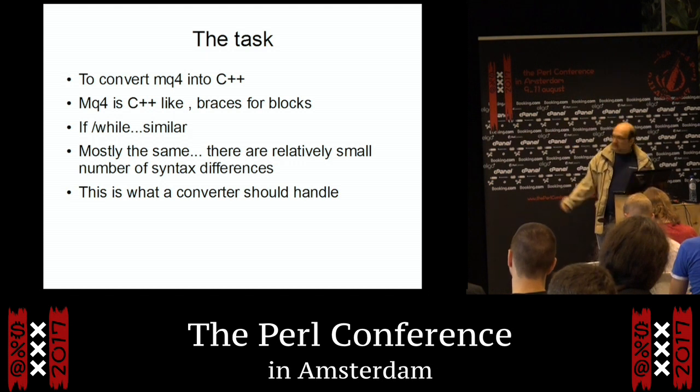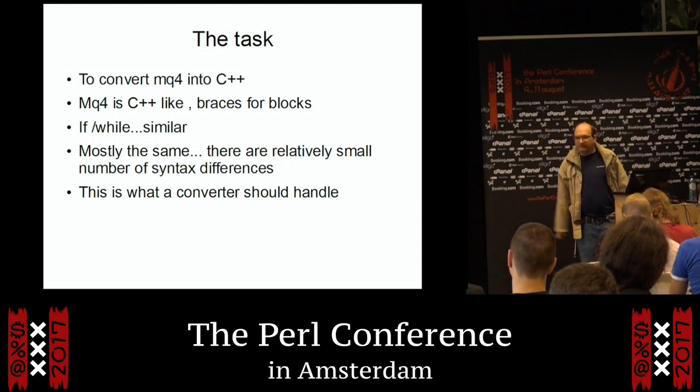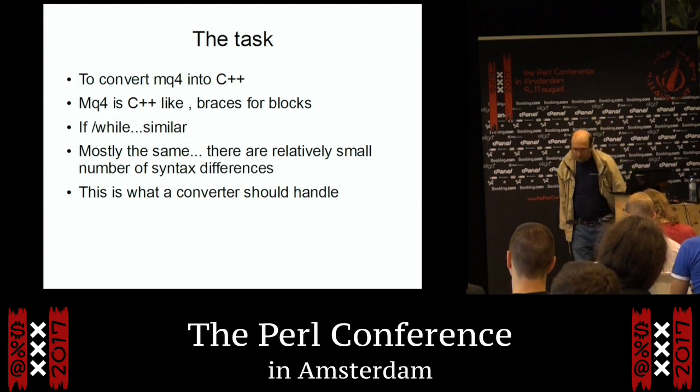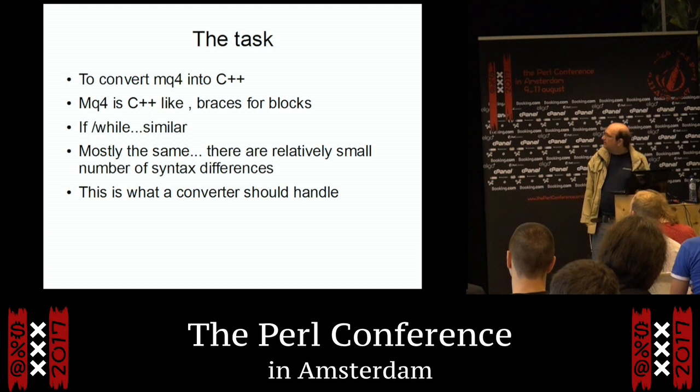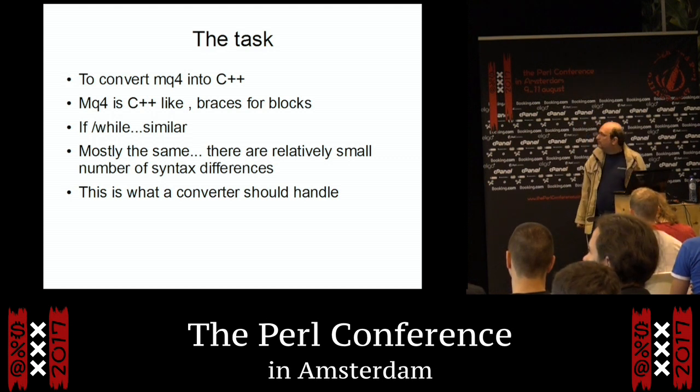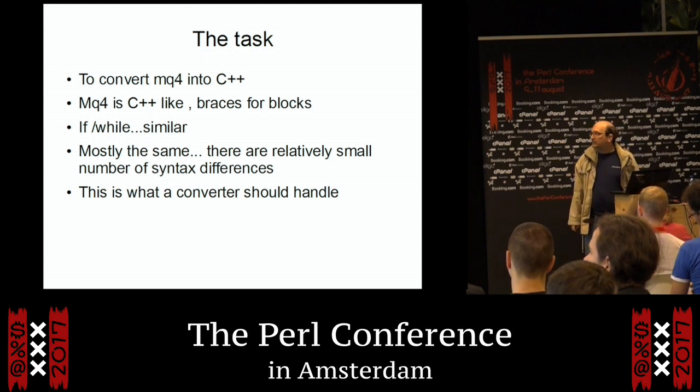MQ4 is similar to C in that many syntactical structures are the same. You look at it, and at first you could think it's a C program, but it's not quite. There are differences because there are a lot of built-in functions, for example for allocating arrays, MQ4 has its own set of functions. So the task when you write the converter is to change the types in declarations, changing MQ specific types into C++ specific types.